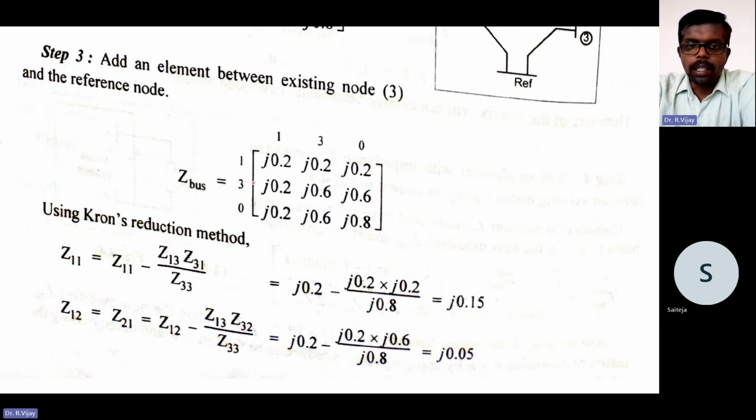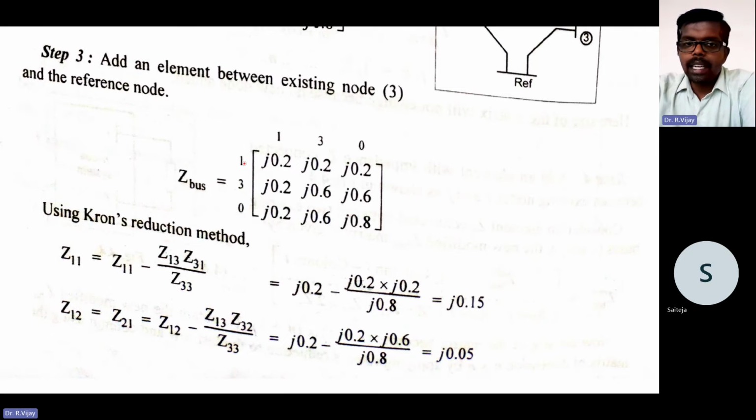Here they framed it based on the reference node, Z1, 3 and 0. Like that they frame. So what is Z13? It is nothing but 0.2. Z31 is 0.2.